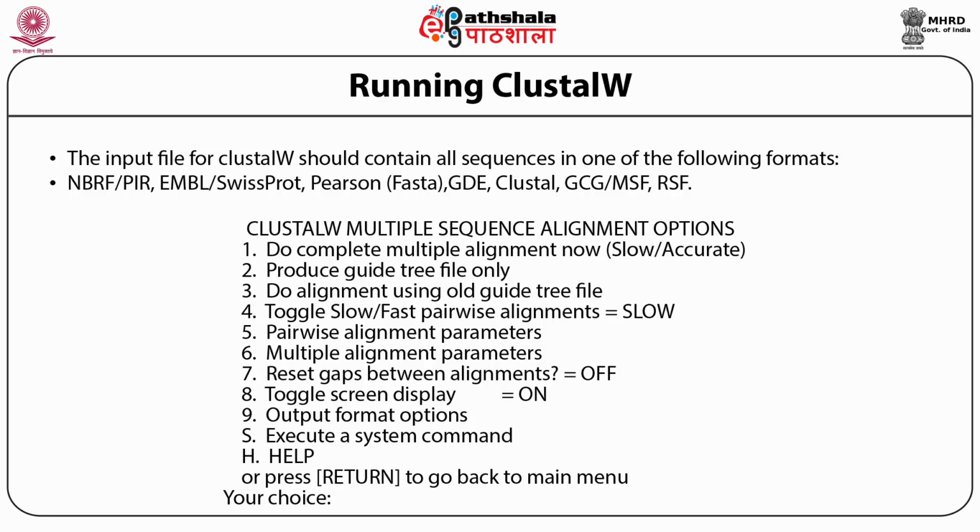So once you have downloaded the program on the Windows platform, if you run ClustalW, you will have a lot of options to run the program, like for example, the 10 options you are seeing here.